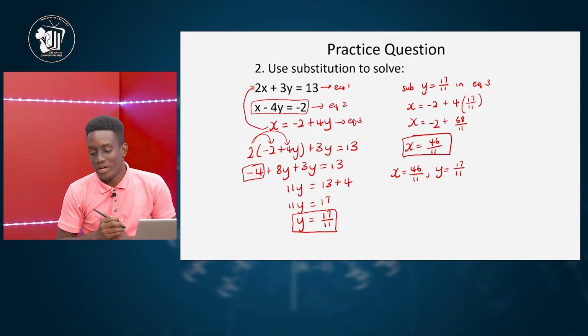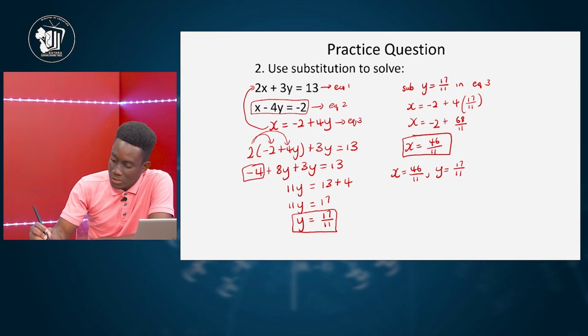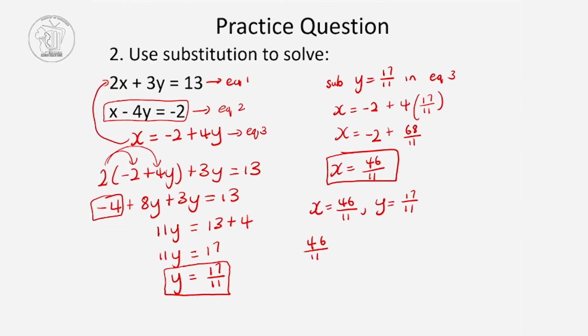Now we can check it for the other equation. Instead of x minus 4y, we'll have 46 over 11 subtract 4 multiplied by 17 over 11, and that should give us negative 2. So we'll have 46 over 11 subtract 68 over 11, and that should be equal to negative 2.